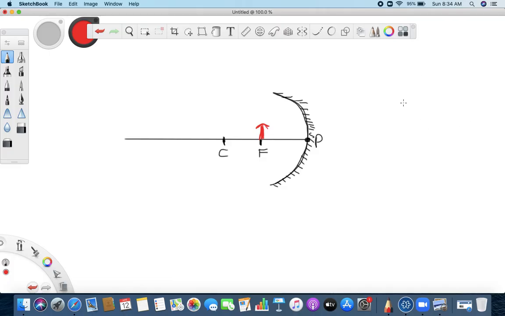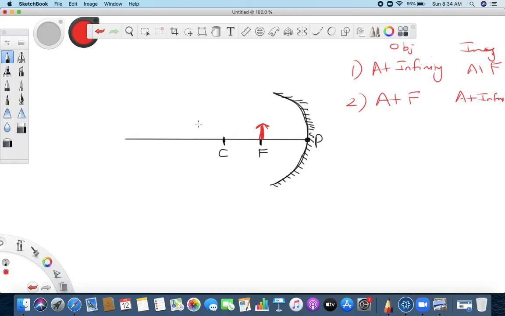In the first case, at infinity, if your object is at infinity, where do you get your image? At F. So, here it is reverse. Now, if you put your object at F, your image will be formed at infinity. So, how?